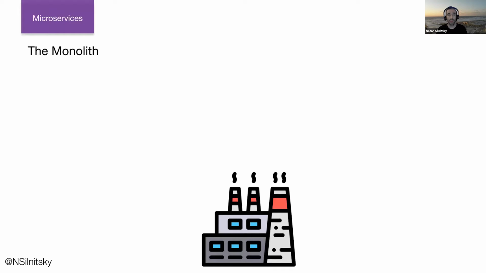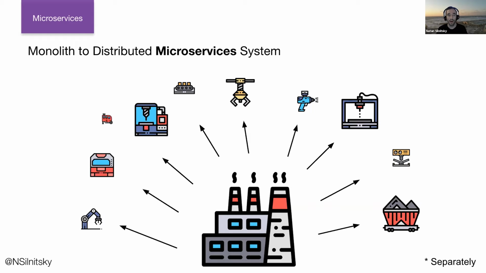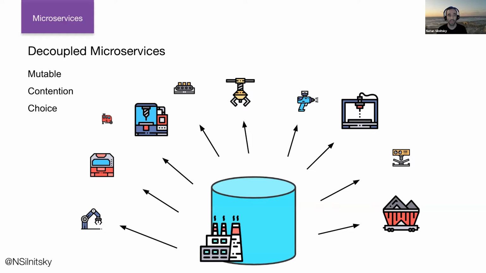Okay, so we used to have the monolith as our building block. And we decided that we want to deploy these services separately and also scale them separately, the different areas of our monolith. So we split them up to a distributed microservices environment.